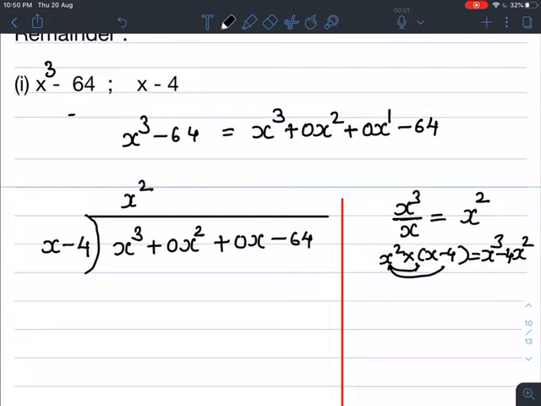So same I will copy and write here x cube minus 4x square. Now next step is subtraction. So I will subtract this.